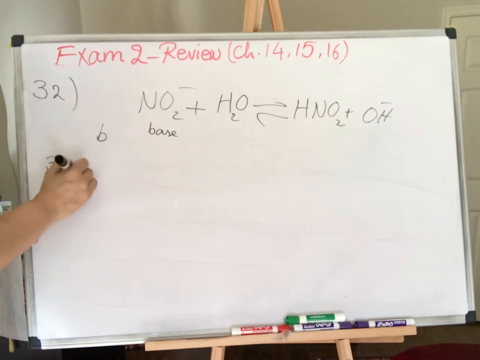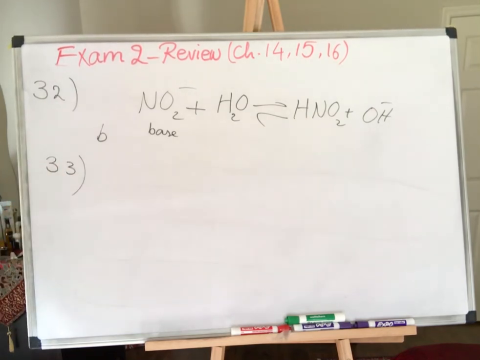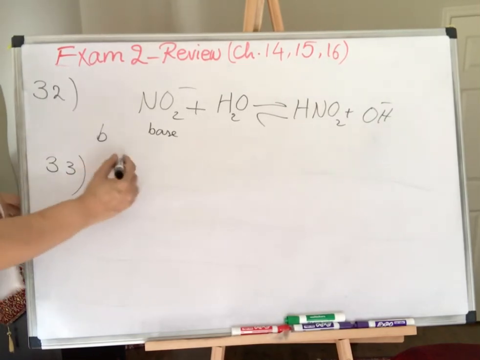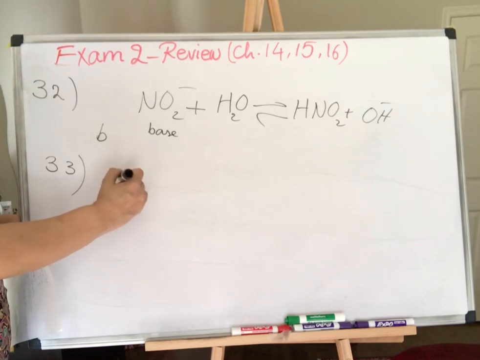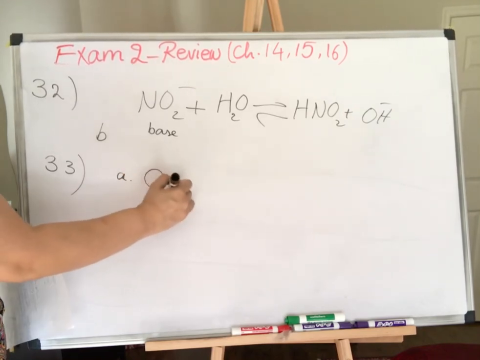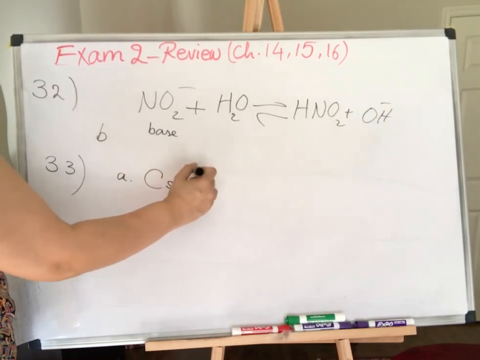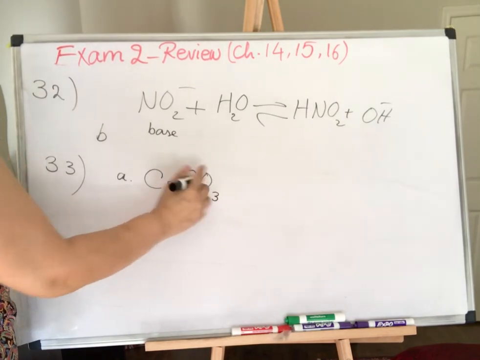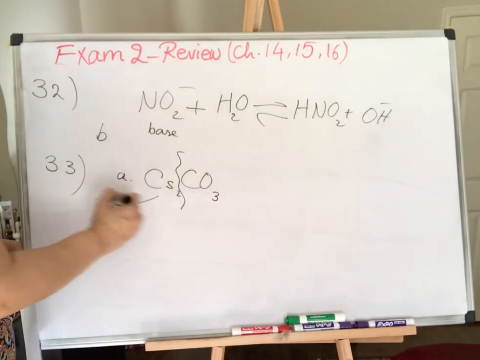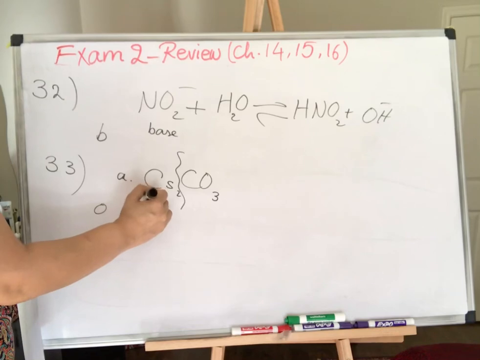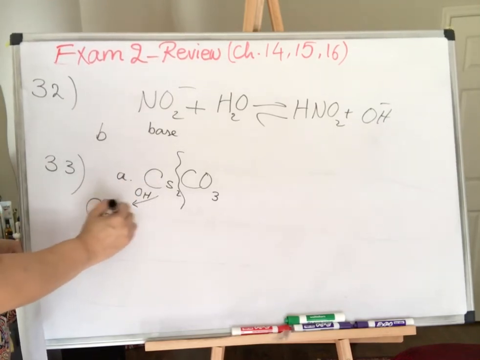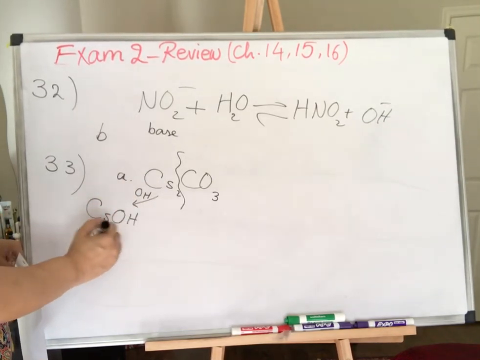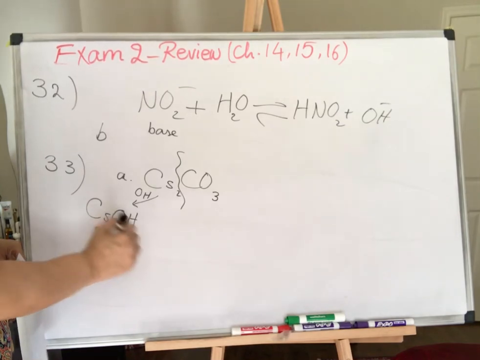And finally, the last question, which of the following salts will produce an acidic solution when added to pure water? According to when I was explaining, I said Cs2CO3 is divided into cation and anion. With OH, you have CsOH. This is a strong base, because it belongs to group 1.